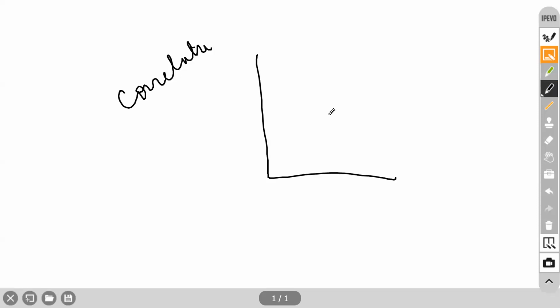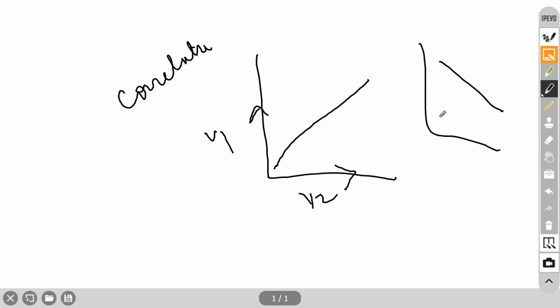That is the correlation I told you about last class. So how one variable is correlated with another, whether with an increase of variable 1, variable 2 increases or decreases, whether it is related or not.